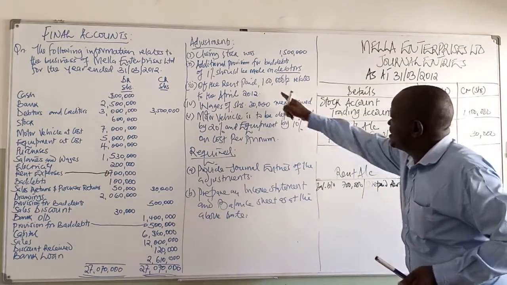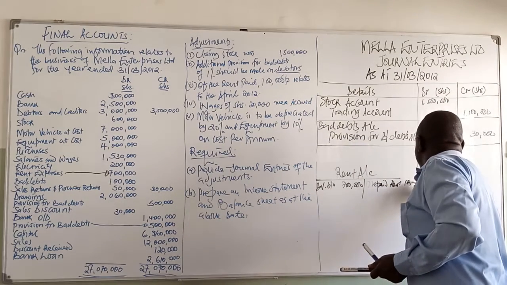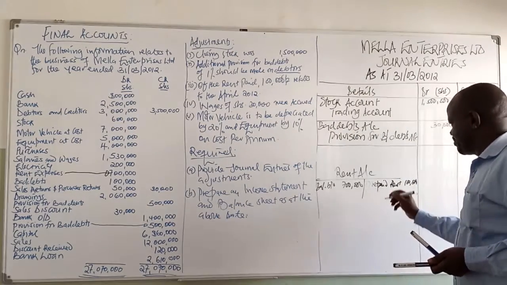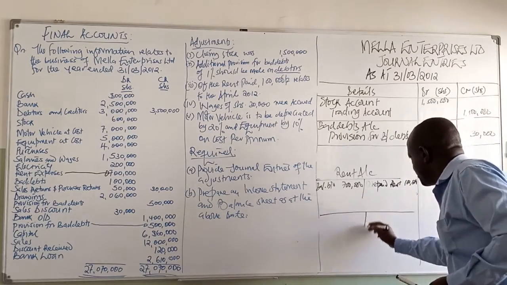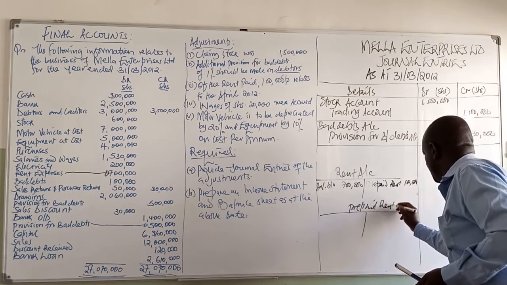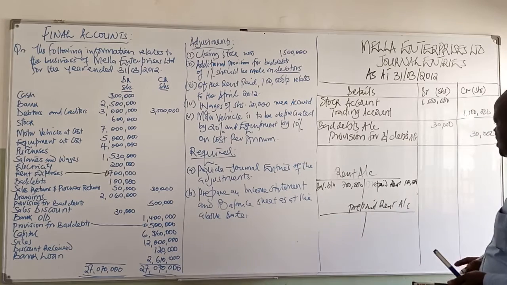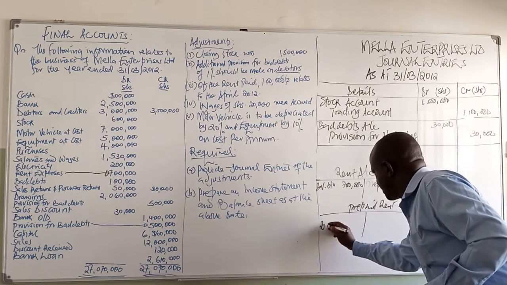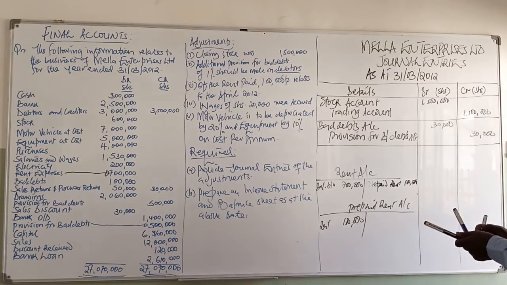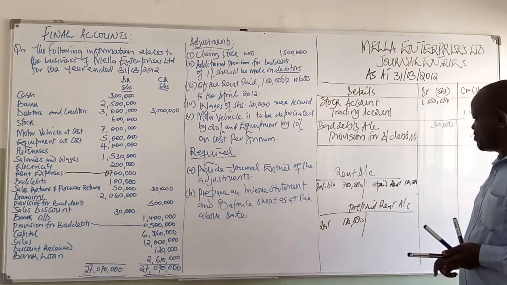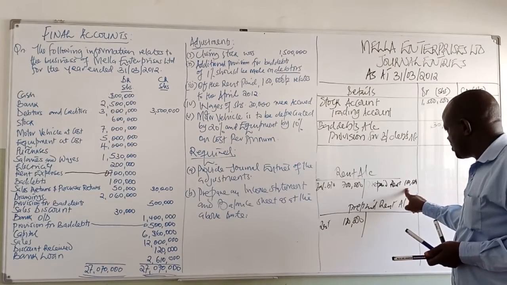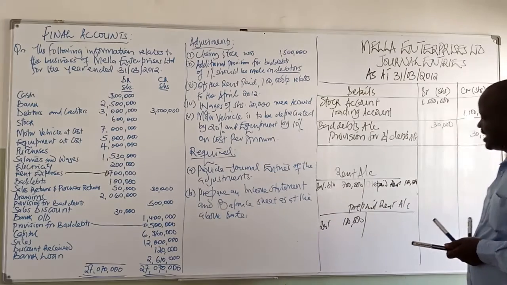And they are telling us it is 100,000. Such that we remove it from the rent account by putting that prepaid. And then we come to prepaid rent account, because it's for prepaid, and we shall put it here as 100,000. So you can see that we are removing it from the rent account and taking it to prepaid rent account by crediting the rent account.